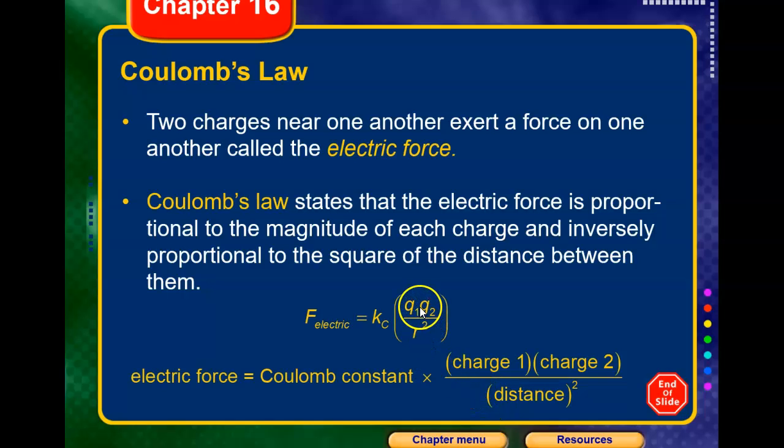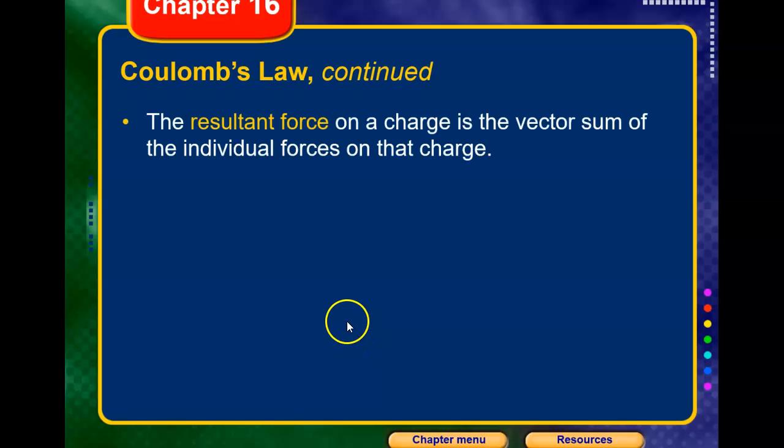The product of the charges is directly proportional to the electric force between them. Electric force is measured in newtons because it's a force. And the electric force is inversely proportional to the square of the distance, just like with Newton's law of universal gravitation. There will be some practice problems with this as well.